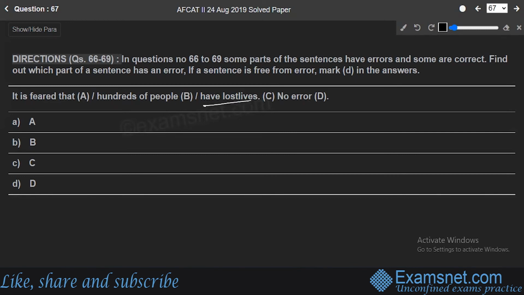It should have been: it is feared that hundreds of people have lost their lives. So what is the correct one here? Option C, because this part has a missing word. You should have the answer as: it is feared that hundreds of people have lost their lives. Let's move to the next question.